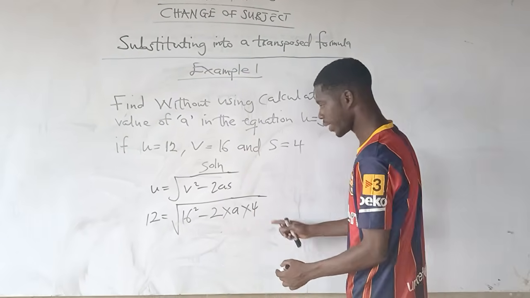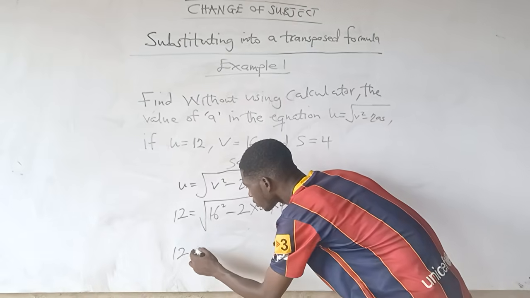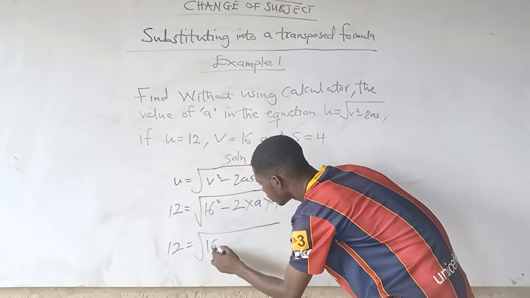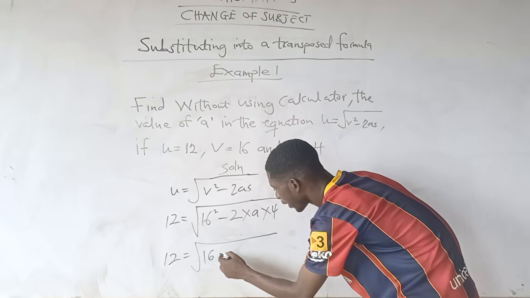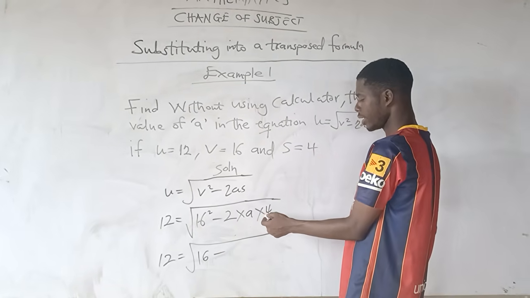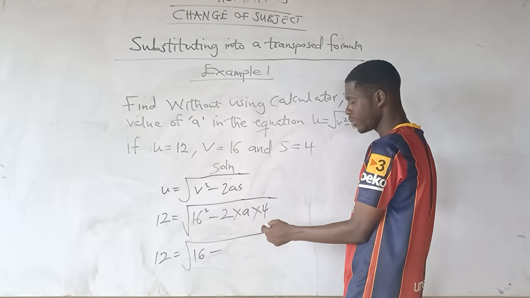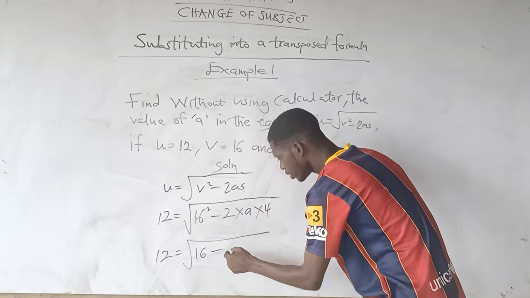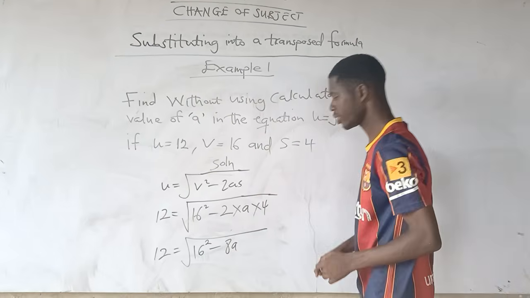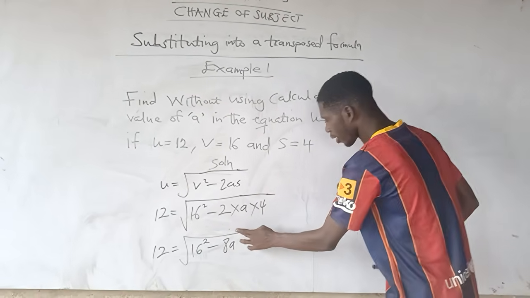So we get 12 equal to root of 16 squared minus 2 times a, you get negative 2a times 4, you get negative 8a.